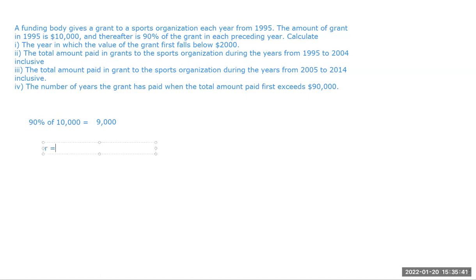So now that you know A and you know R, you can go ahead and see what they're trying to ask you. So like 1995, I'm just going to give you a hint. You can draw a little table to say 1995 is term one, T1. 1996 would be T2. 1997 would be T3.